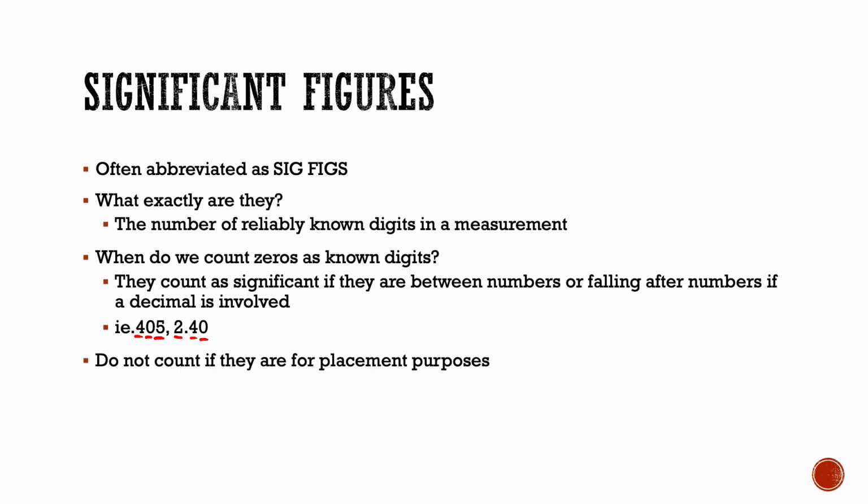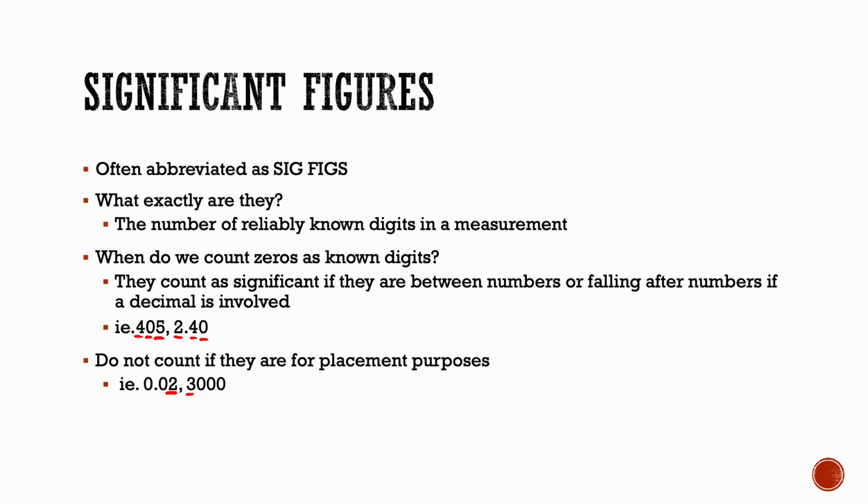Where we don't count our zero is when they're used for placement purposes. So if it's used to get us to thousands, millions or tenths, in those cases we don't count them. Both these examples have just 1 significant figure because the zeros in these cases are for placement purposes. So this one would only have the 2, and this one would only have a 3.